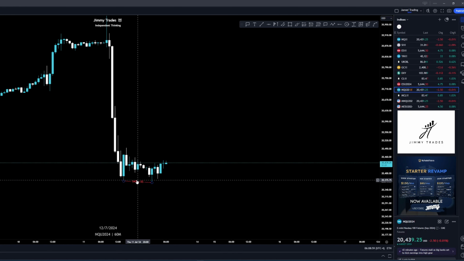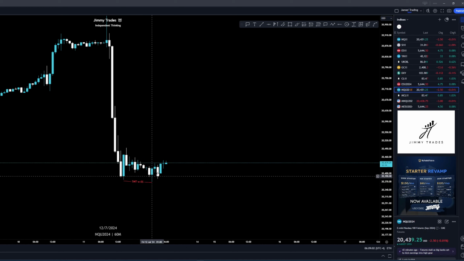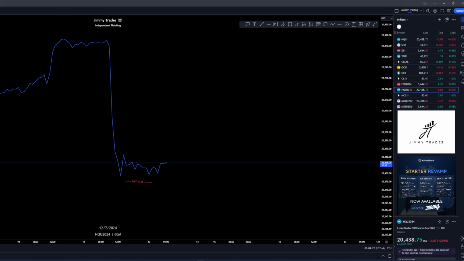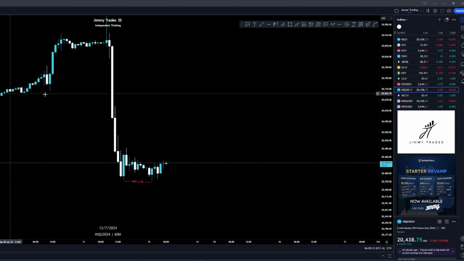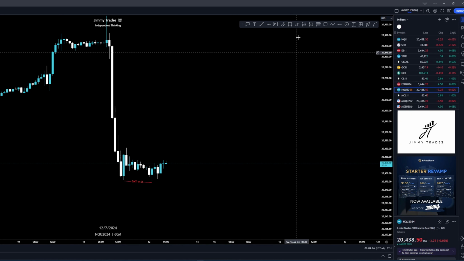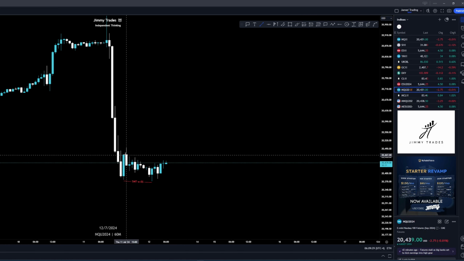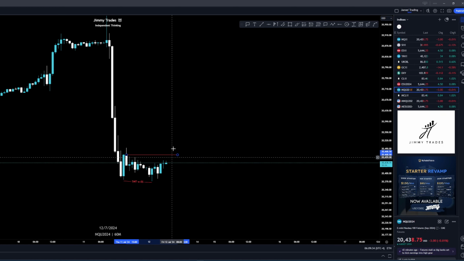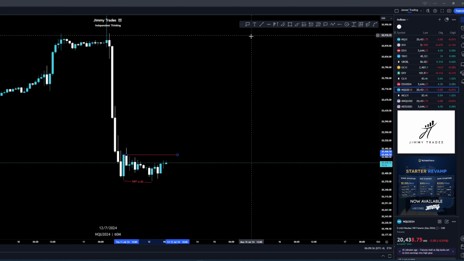We have had a sweep of the lows here, obviously, but we haven't got a change in the state of delivery just yet. If we do see a change in the state of delivery, I would be looking at this candle here.